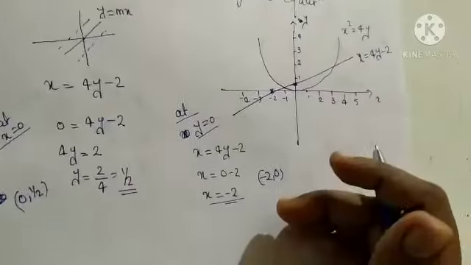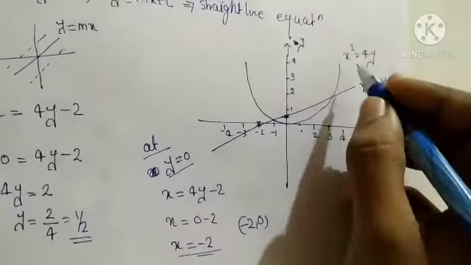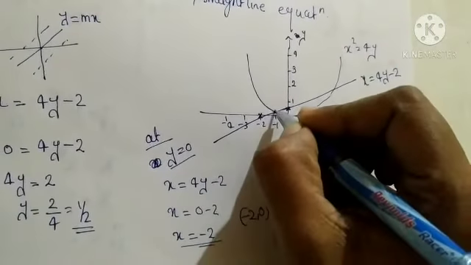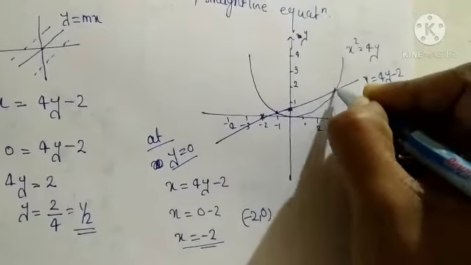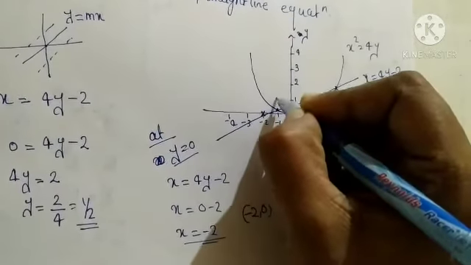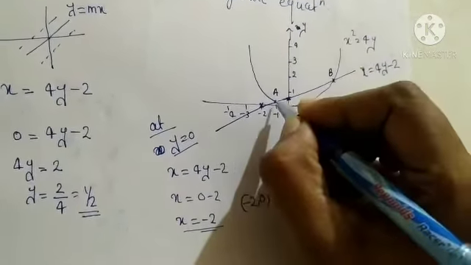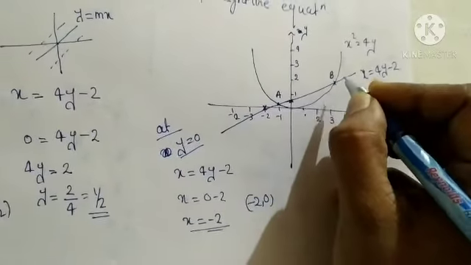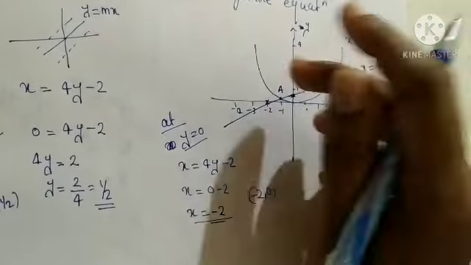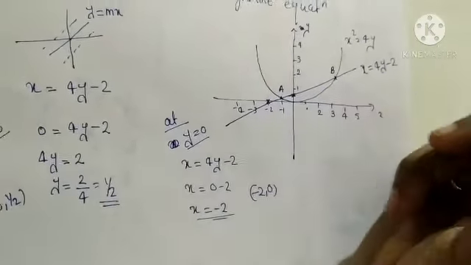Let us look at this figure. Here, let us name this point A and this point B. Points A and B are the two points of intersection of the two curves, the parabola and the straight line.